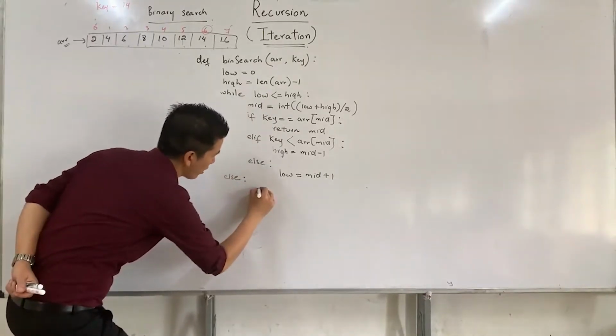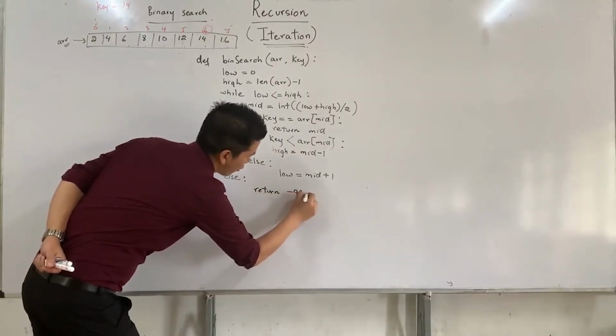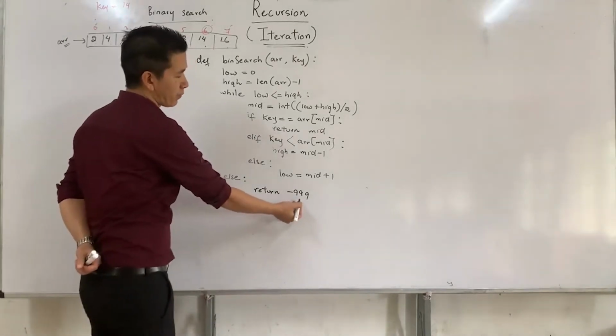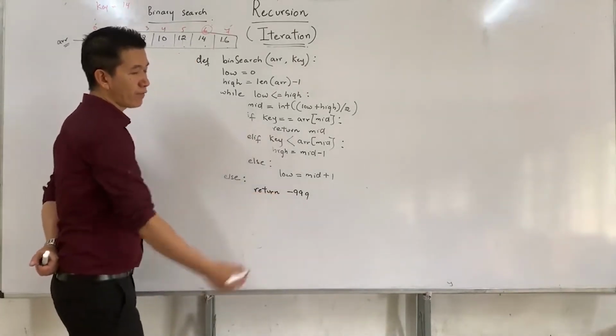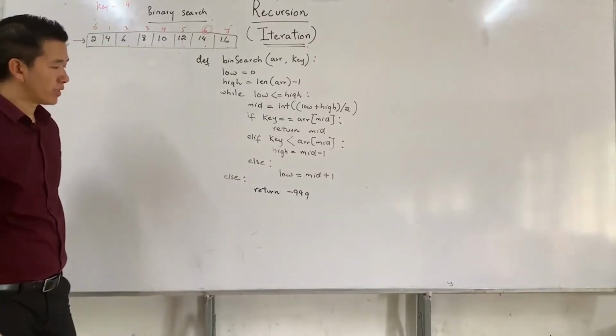Over here, I would like to return a value of negative 999. Since we don't have an index value of negative 999, you can use any other values, but they should be negative.